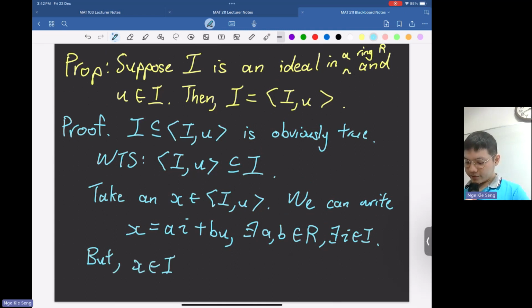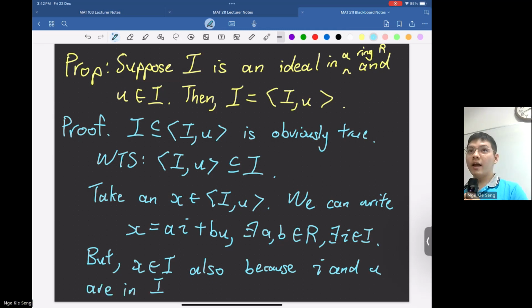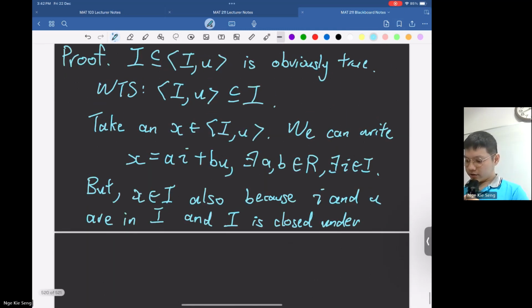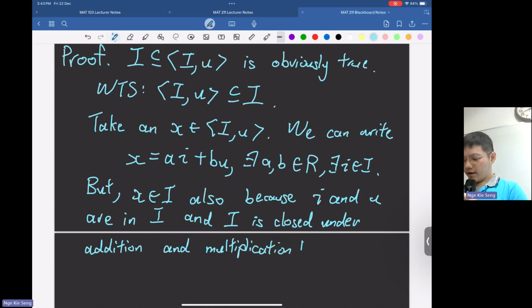But x is in I also, because i and u are in I, and I is closed under addition and closed under multiplication by the ring elements.